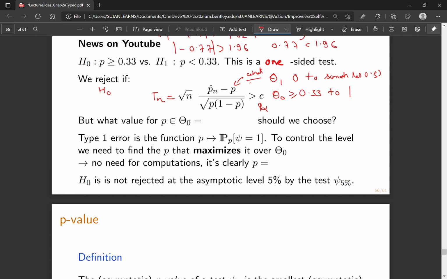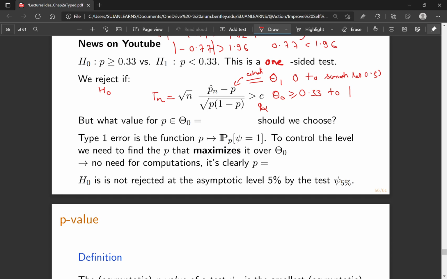That's the question. To run our test, it has to be something within Theta naught, isn't it? If it is within Theta naught, then it has to be a value within 0.33 to 1.